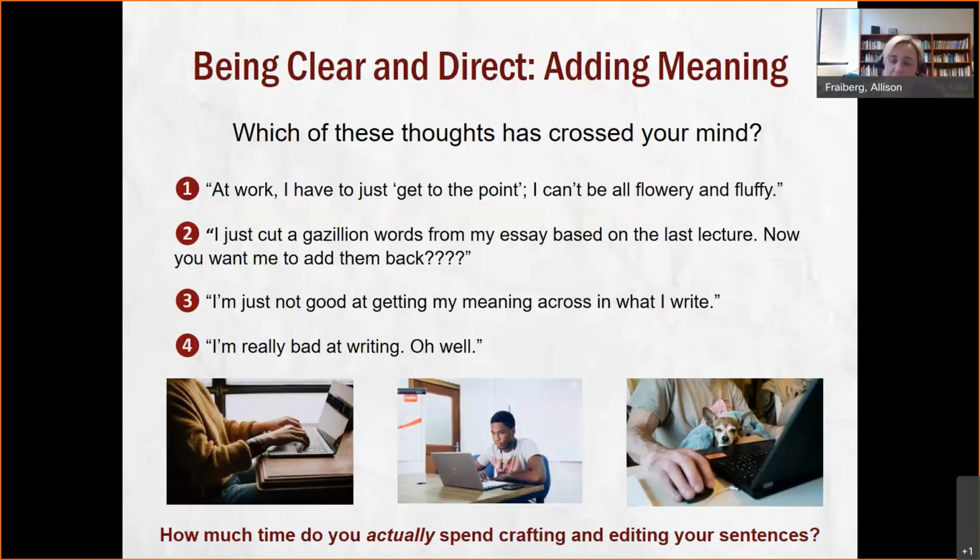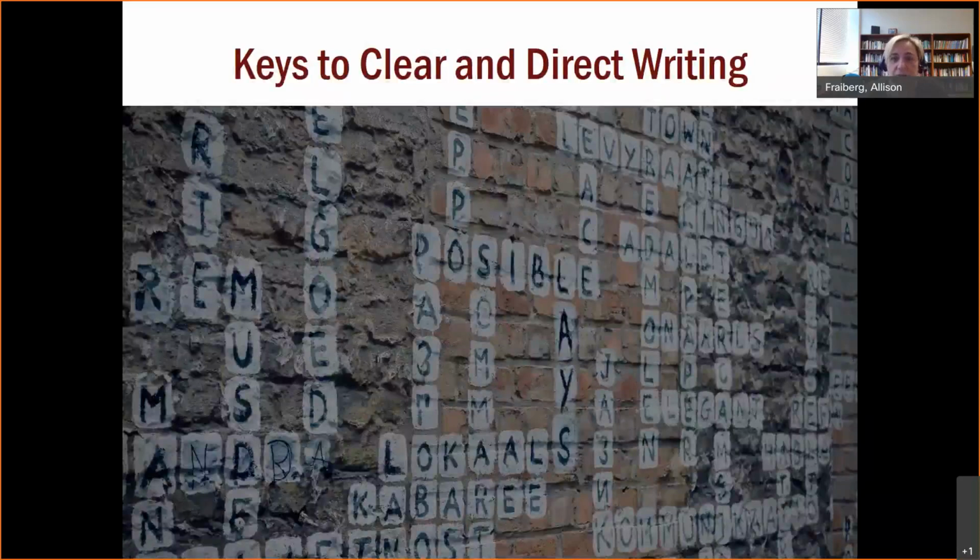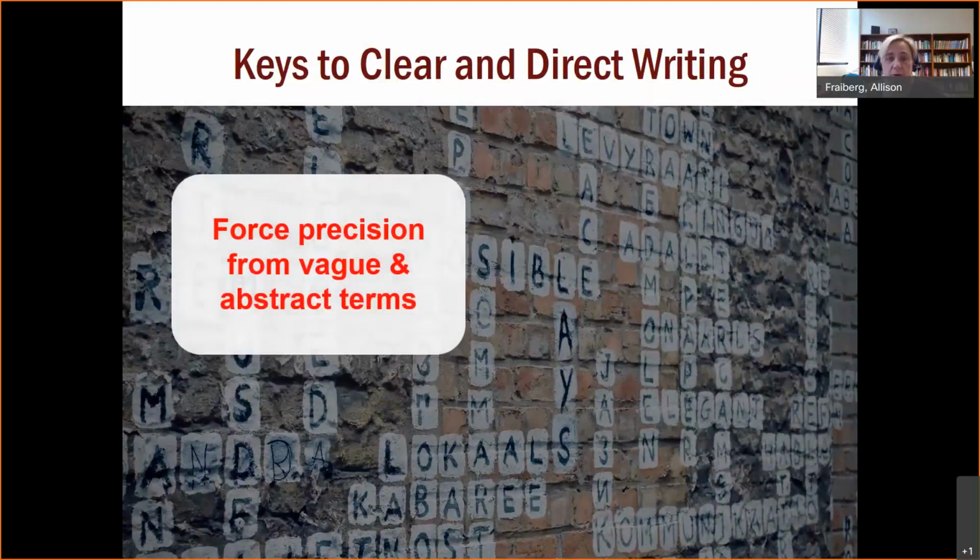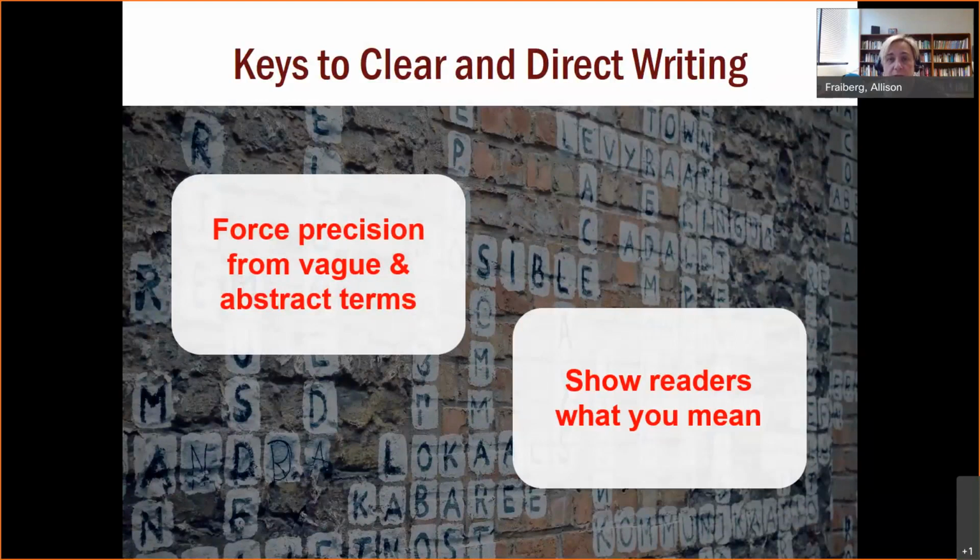So let's look at a couple of techniques that are going to help you do that. There are 2 keys to clear and direct writing in terms of building meaning. We're going to work on a technique to force precision from vague and abstract terms. And we're going to show readers what you mean rather than just tell them.